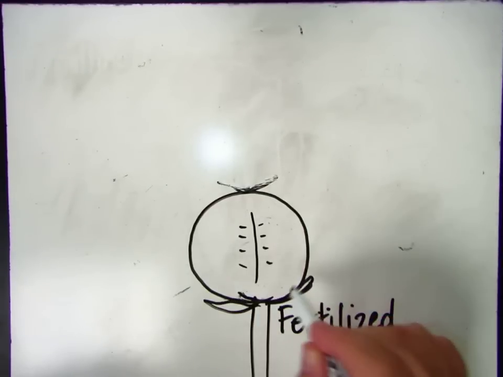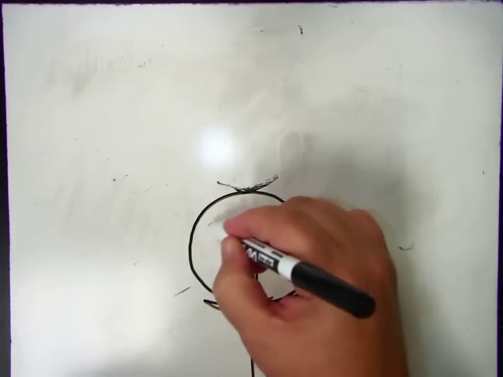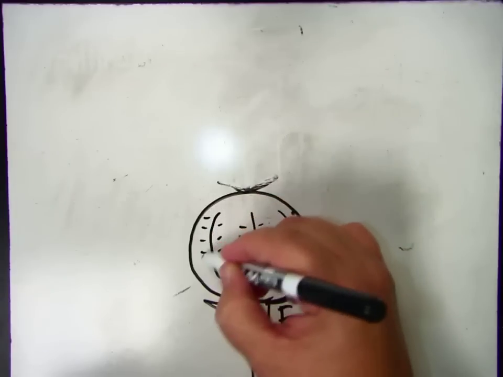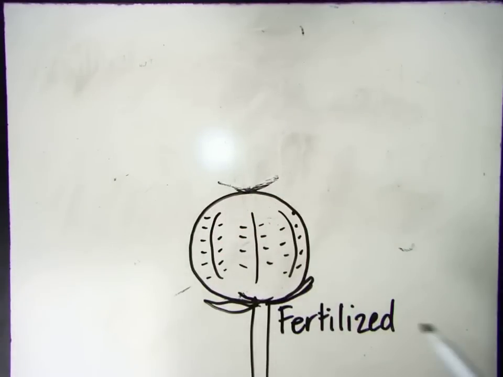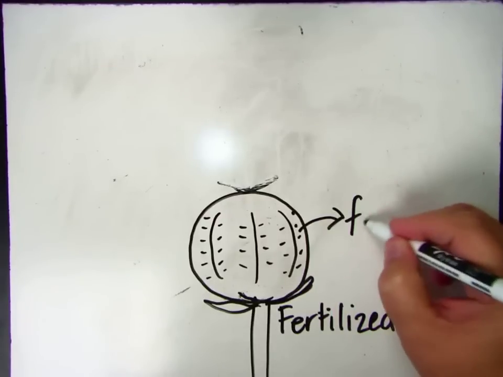So let's say this is a tomato plant. What happens is Peggy, pregnant Peggy, actually is the tomato now. So this is what results, is fruit.